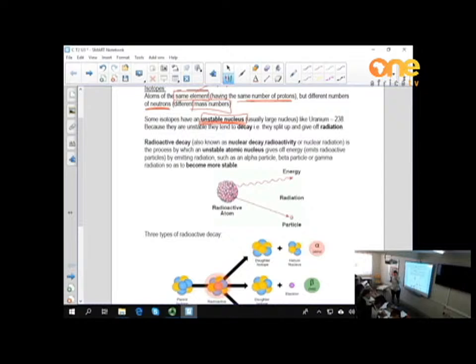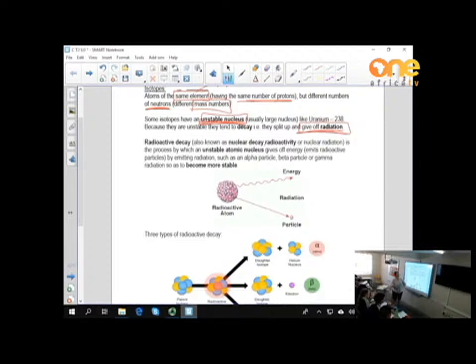It's as if the nucleus becomes too large and it makes it slightly unstable. When we get unstable isotopes, we find very often that they give off energy in the form of radiation.